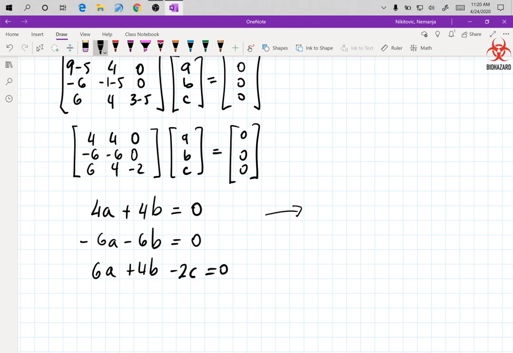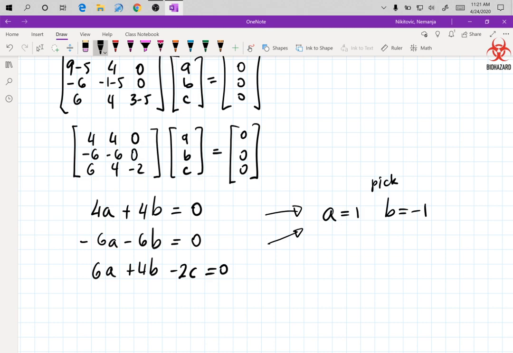So from the first row, we can pick a to be 1 and b to be negative 1. That will satisfy the second row as well. We pick those because 4 minus 4 is 0, and negative 6 plus 6 is 0. Can you pick 2 and negative 2? Sure.